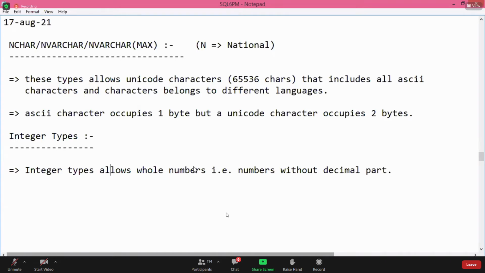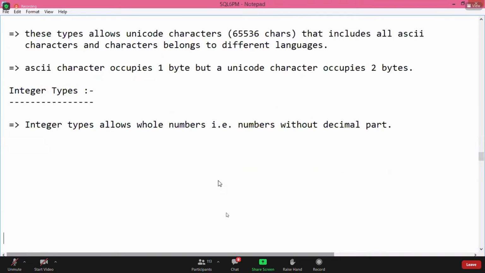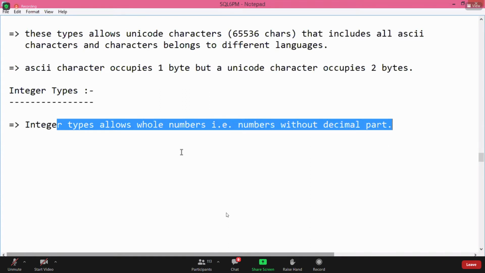Numbers are of 2 types: one is something like this, another something like this. These numbers are called integers, and these numbers are called float. If the number contains a decimal part, it is called float. If the number doesn't contain a decimal part, it is an integer.